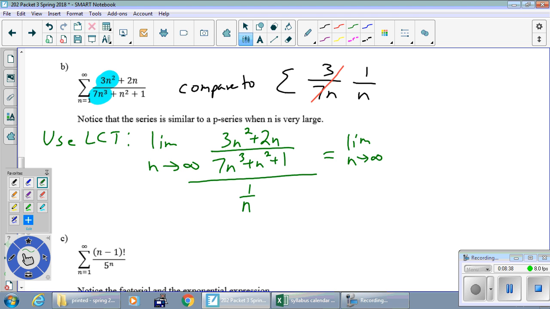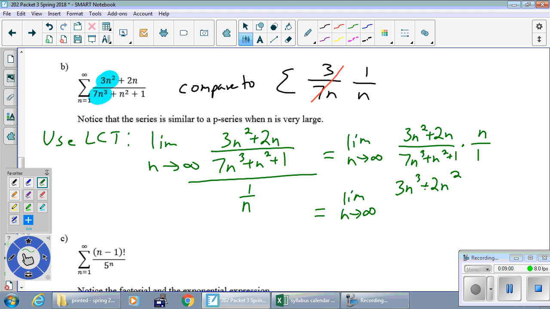So let's see, limit n goes to infinity. So I'm going to flip that 1 over n upside down and bring it upstairs. So it becomes times an n over 1. And then let's distribute that n on top. So I get 3n cubed plus 2n squared over, and then copy the denominator.